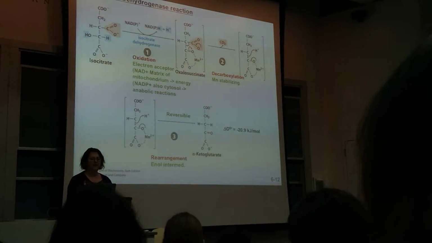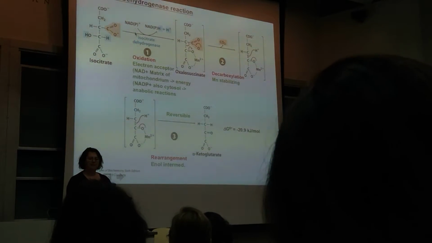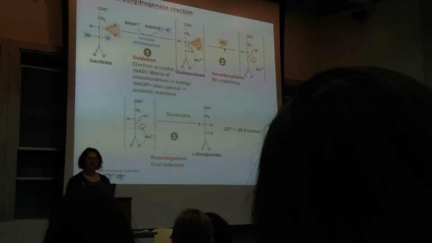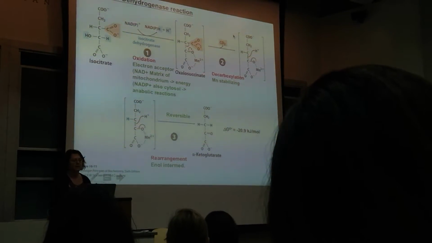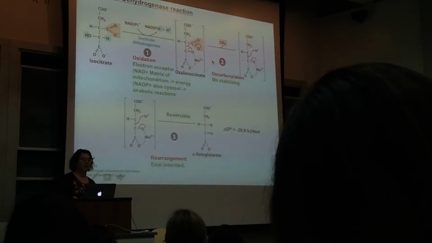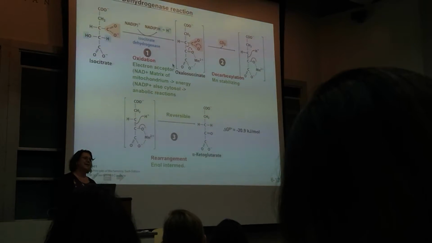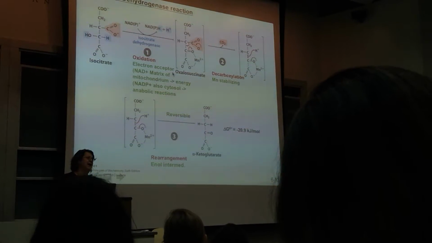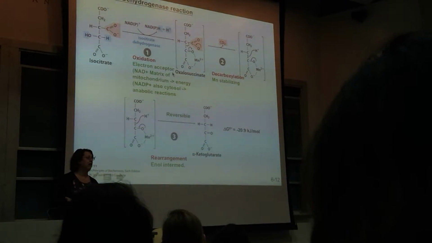In the next reaction, you actually have to put in NADP. And so what you're getting here is CO2 is coming off. When you have that, that will always be called a decarboxylation. But many times in this pathway, even when CO2 is coming off, the enzyme is not called a decarboxylase.